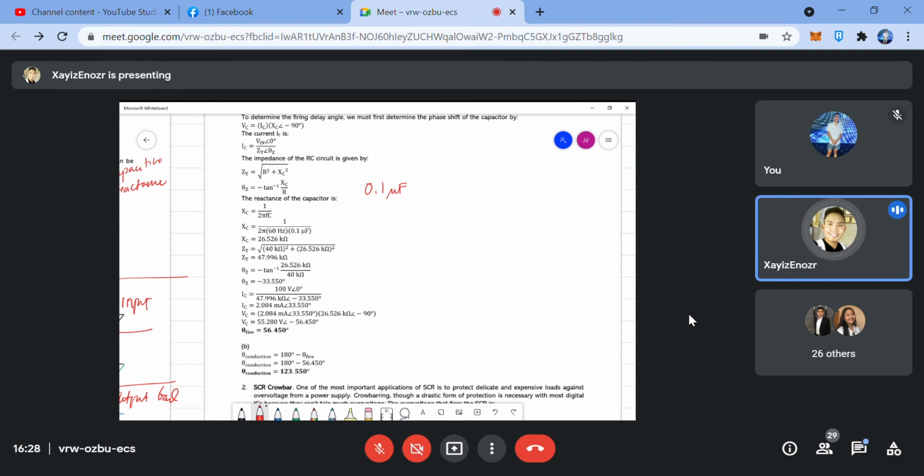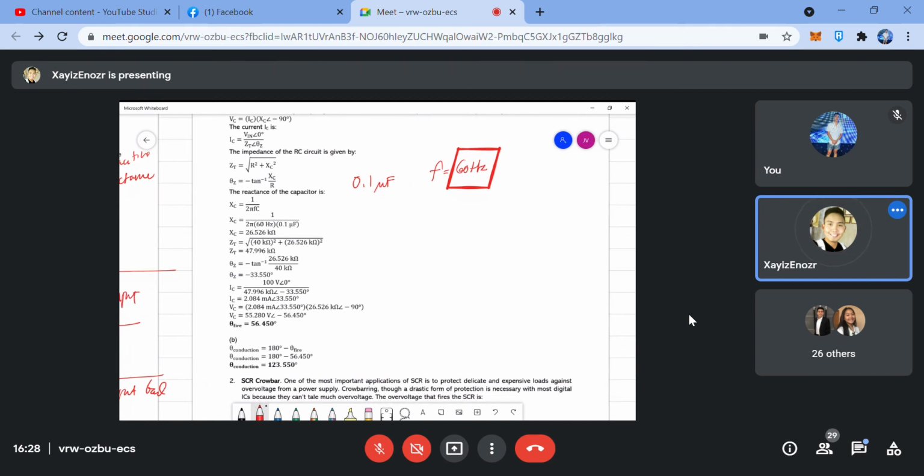So we have here 1 over 2 pi. Pag hindi naman binigay yung frequency, automatic yan, 60 Hz. Kasi ito yung line frequency voltage ng mga AC natin. Then we have 0.1 microfarad for the capacitance. So therefore, ang XC mo is 26.526 kilo ohms. Then finding the impedance, square root ng, so given naman yung R which is 40 kilo ohms.